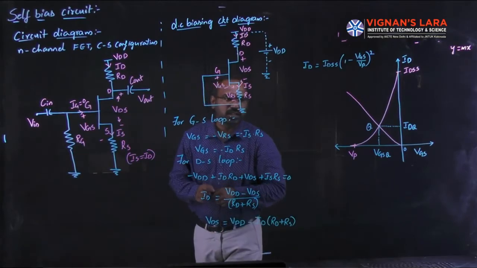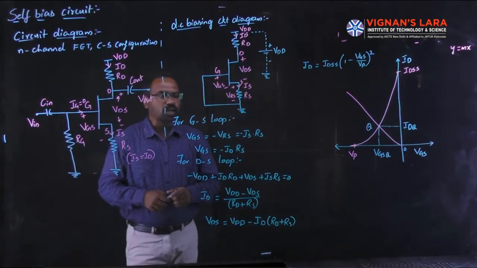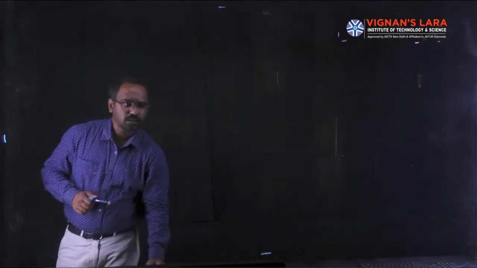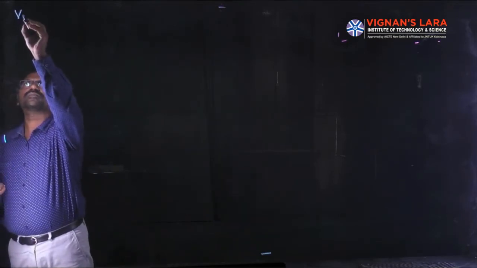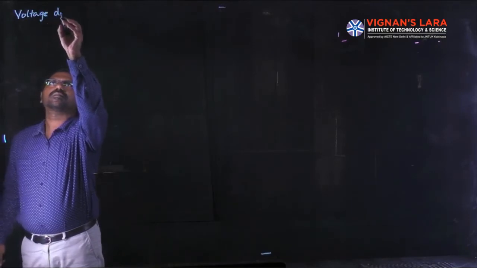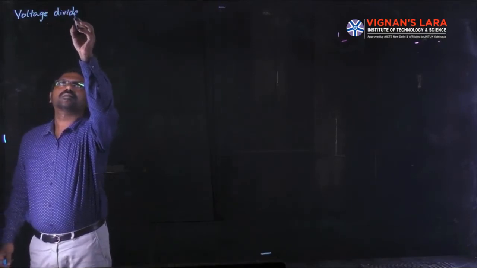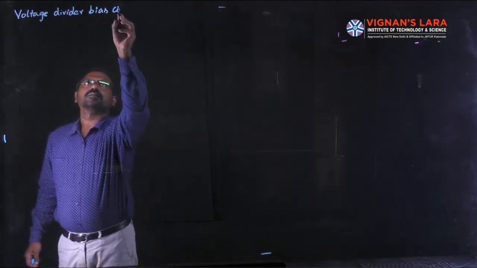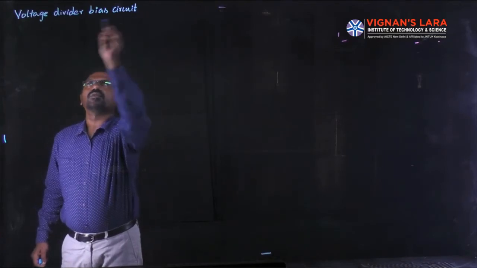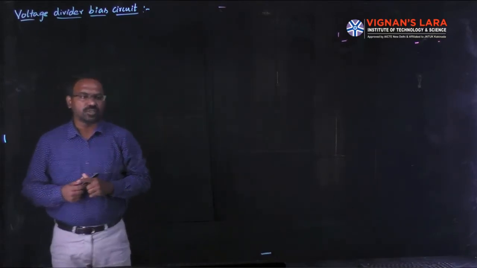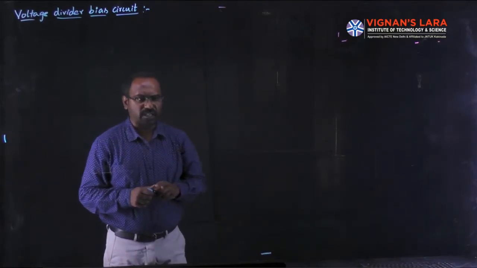Right? So now we are going to discuss the final one, the voltage divider bias circuit. This voltage divider bias circuit diagram is analogous to the voltage divider bias circuit we used in BJT.